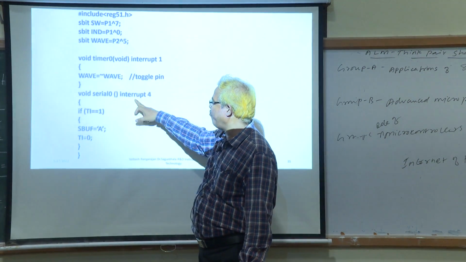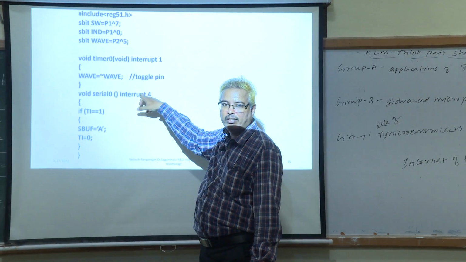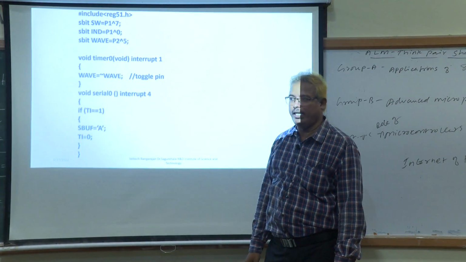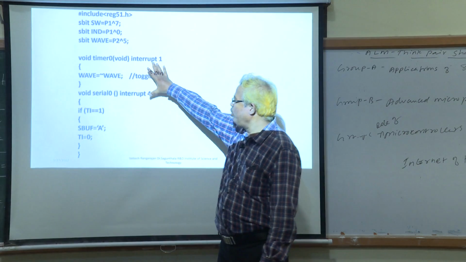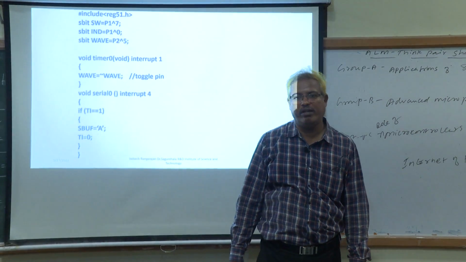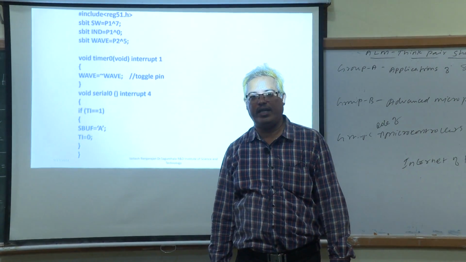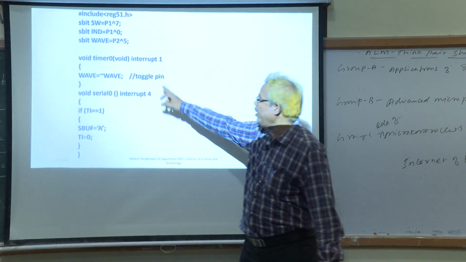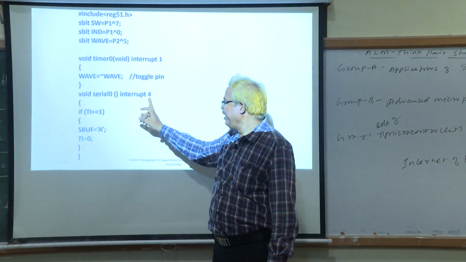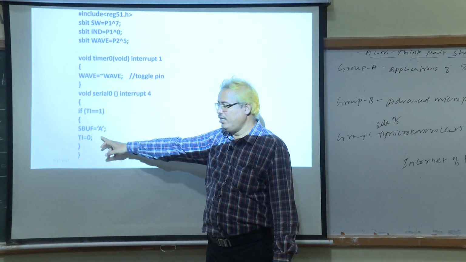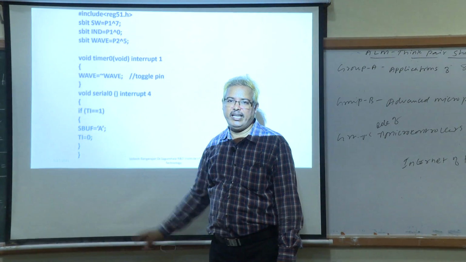For interrupt 1 and interrupt 4 both, the interrupt enable value will be 0x92. In order to enable the two interrupts, we need to upload 0x92 in the interrupt enable register. With interrupt 1 we generate the square wave, and with interrupt 4 we transmit the character A serially.